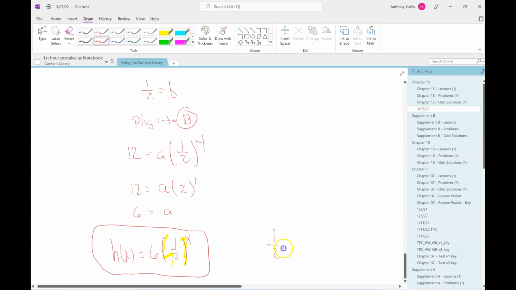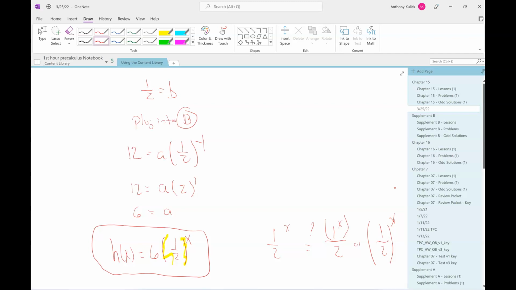If I write it without one, it's unclear whether I mean x to the 1 over 2, or this, since those are two very different things. Is everybody okay with why this is unclear? Because you don't know. Do you mean the x only goes with the 1, or is the x going to the whole fraction? Put a parenthesis there and just make sure that everybody's super clear.